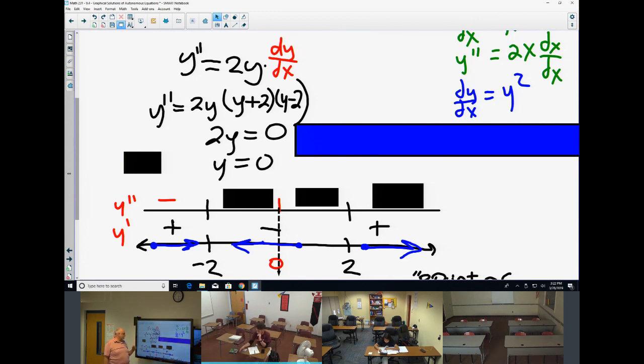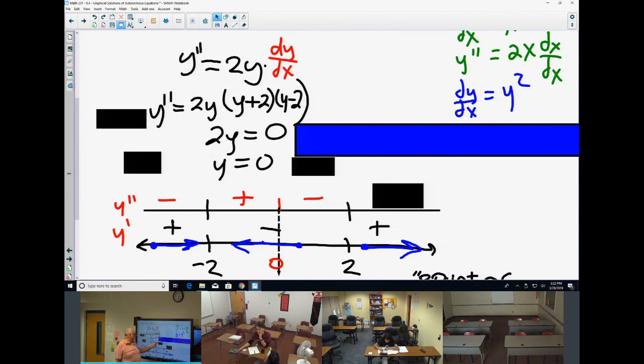Okay. So what about between -2 and 0? Positive. Between 0 and 2? Negative. Between 2 and infinity? Positive.